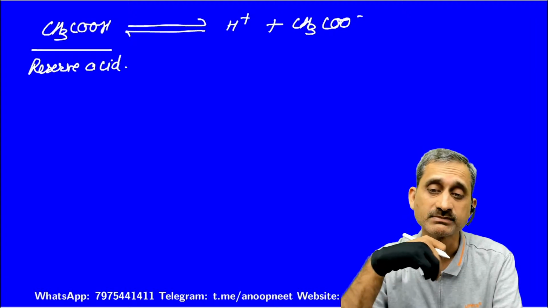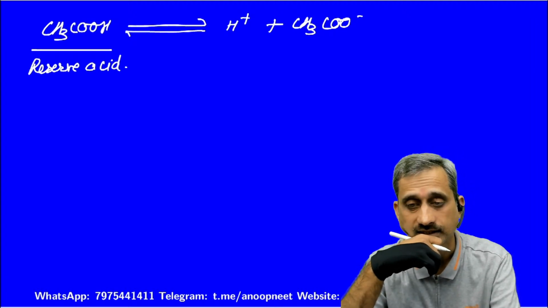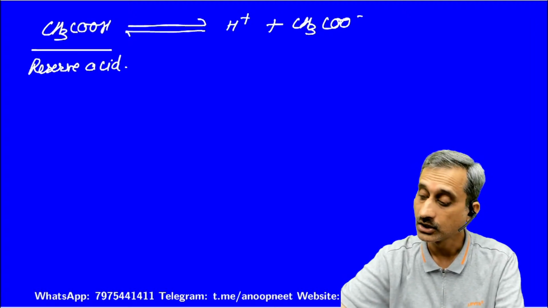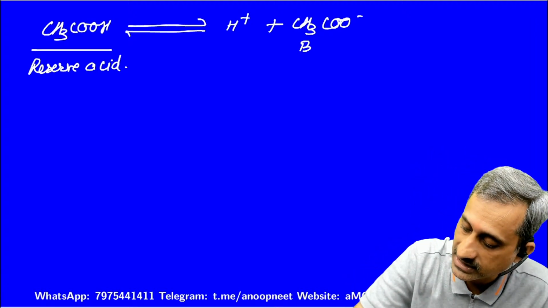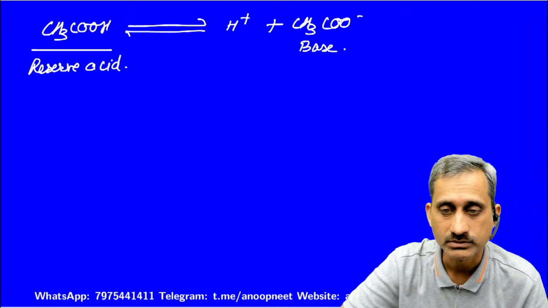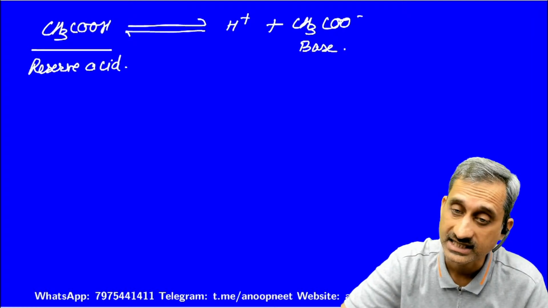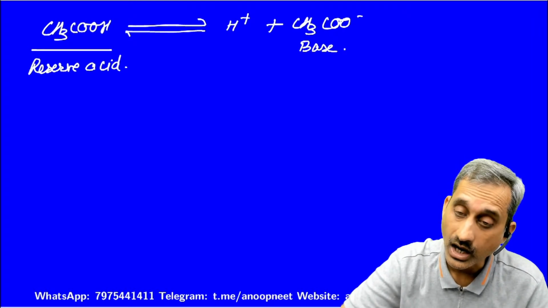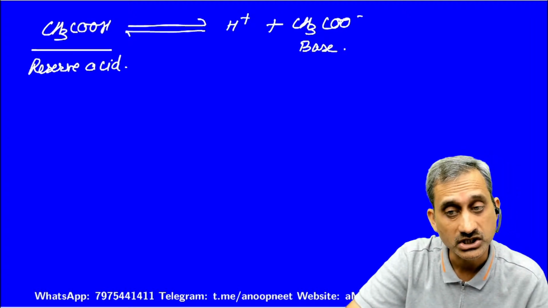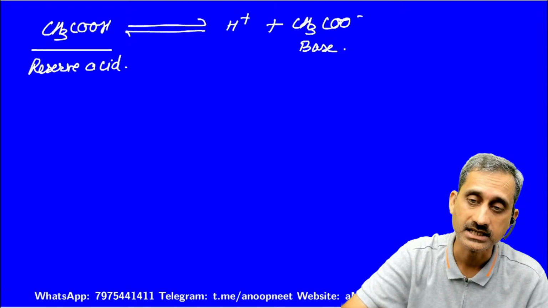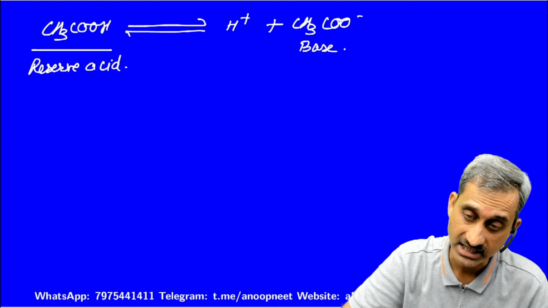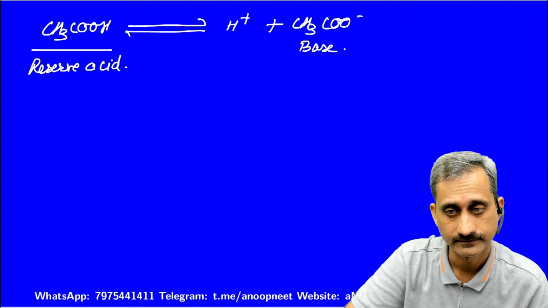लेकिन अगर मान लो मैंने इसमें HCl डाल दिया, तो अब HCl क्या करेगा? HCl बेस को कंज्यूम करेगा ना. इस सिस्टम में बेस कौन सा है? बेस है ये. HCl इसे कंज्यूम करेगा. अब ये तो है नहीं हमारे पास सिस्टम में, क्योंकि एसिटिक एसिड इज अ वीक एसिड. तो अगर हम ये भी कहीं से डाल दें, तो this system will be able to consume the acid as well as base and will resist the pH when a small amount of strong acid or a base is added to it.